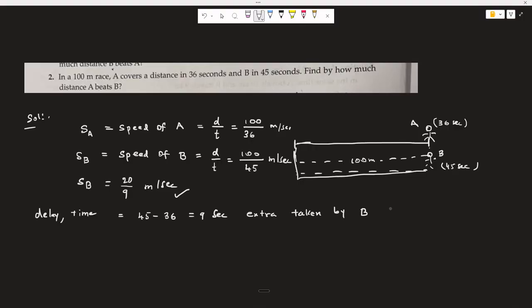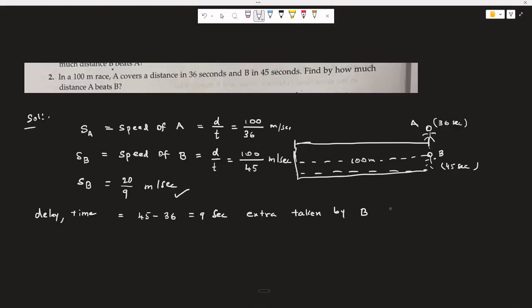B took an extra 9 seconds. That means in 9 seconds, how much distance will he cover? Let's calculate that, because that is the delay time. In the delay time, how much distance is he covering? That will give you the location of B. We know the race course was 100 meters, the entire race conducted for 100 meters to finish.